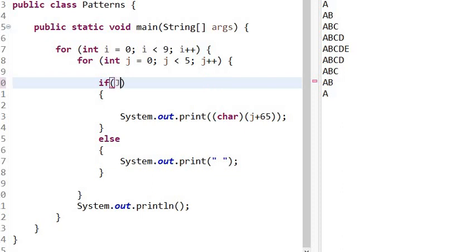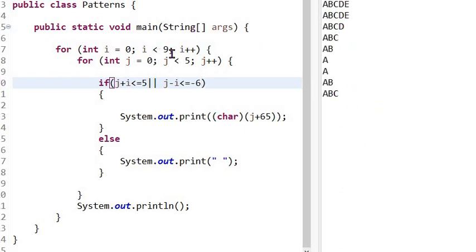Equation is j plus I less or equal to 5 or j minus I less or equal to minus 6. This is our equation. Let us see if the equation is correct.